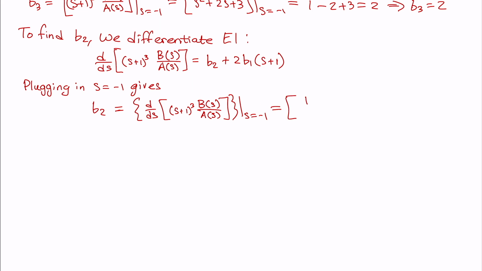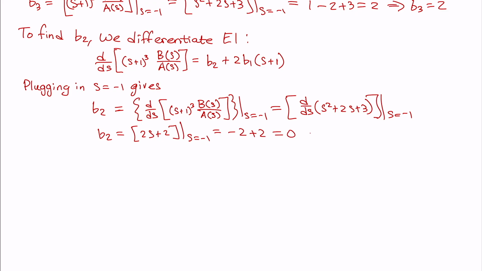This is then equal to d/ds applied to s^2 plus 2s plus 3, evaluated at s equals -1. We'll find that b2 is then equal to 2s plus 2, evaluated at s equals -1. And this is equal to -2 plus 2 equal to 0, such that b2 is equal to 0.